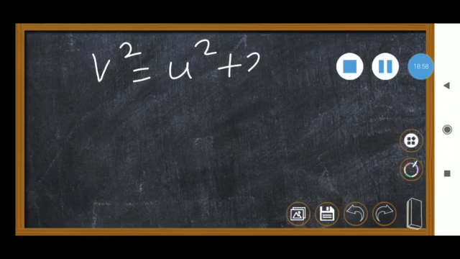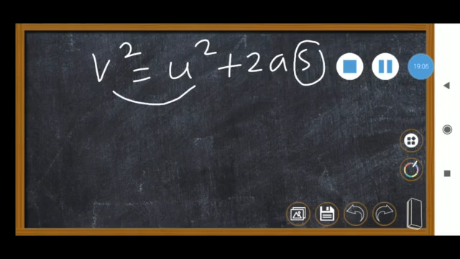So v square equal to u square plus 2as. From this one you have to find the displacement.